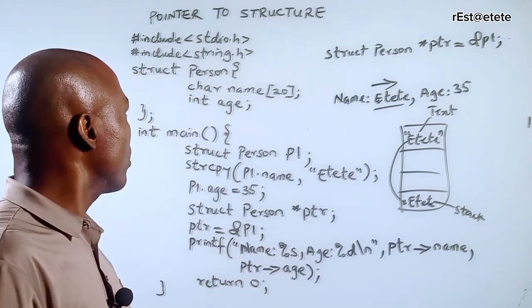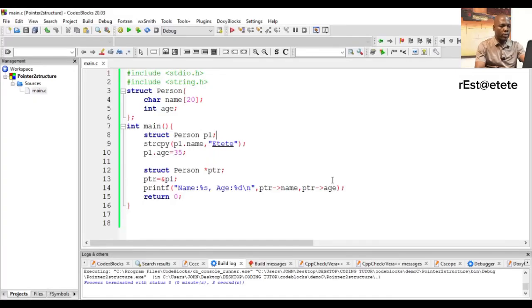So let's go to Code::Blocks. Okay, so this is our Code::Blocks on the pointer to structure. This is what I showed you on the screen. We created our structure and then we created the variable for the structure and we used the string copy to assign name, and age is also assigned to p1.age using the variable that we created.